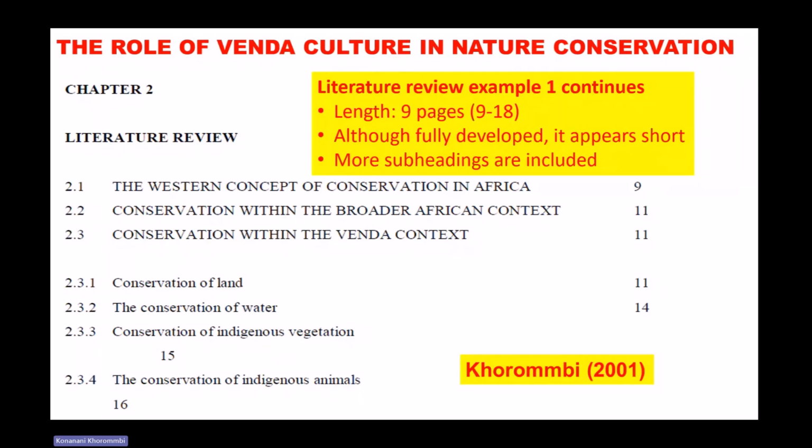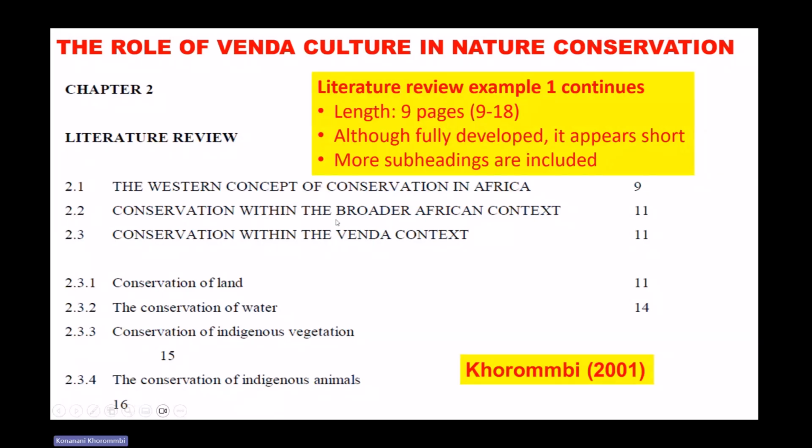But at 2.2, I indicated that even in Africa, we've got approaches that are African in nature. Then I went down to South Africa and to the Limpopo province, and eventually I came to conservation within the context of Venda. Then I wrote 2.3.1 to 2.3.4. So this is how chapter 2 was structured.